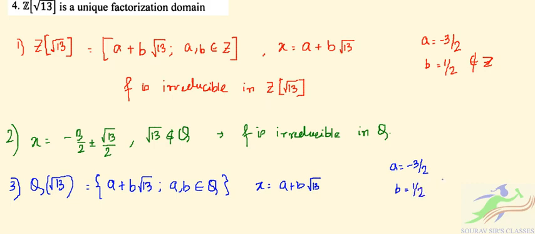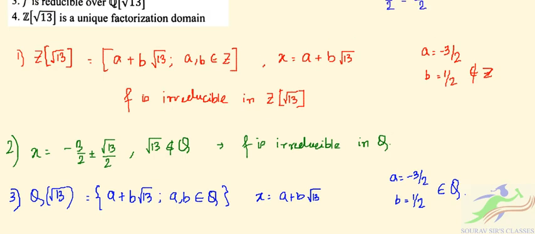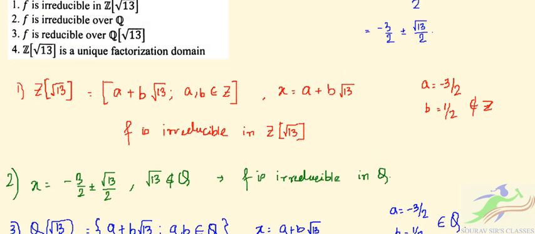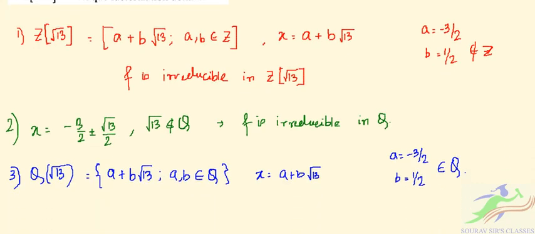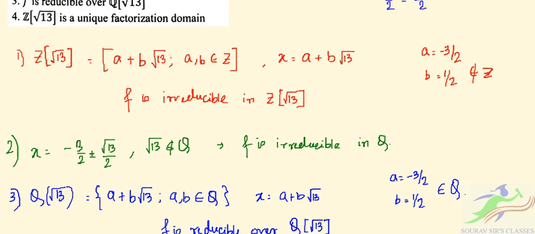And it is an element of Q. So f is reducible over Q of root 13. So our option 3 is also correct.